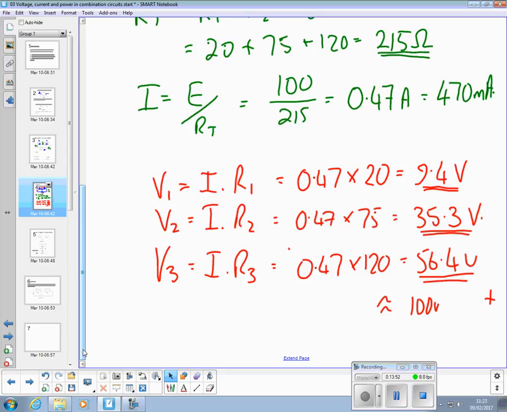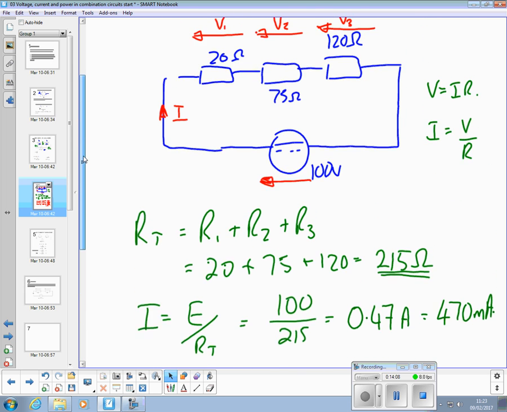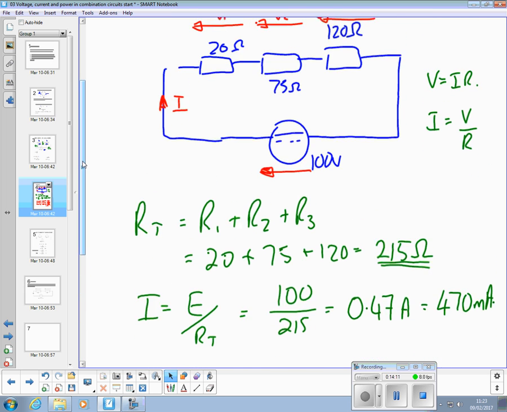All the voltage is shared between all three resistors in the ratio of those resistors. So you'll notice that the bigger the resistor, the bigger the volt drop across it. If you think in terms of a pressure system, with a head tank as our positive pressure, and the water falls in a pipe and then we reduce the diameter of that pipe, we get a higher pressure above than we do below.